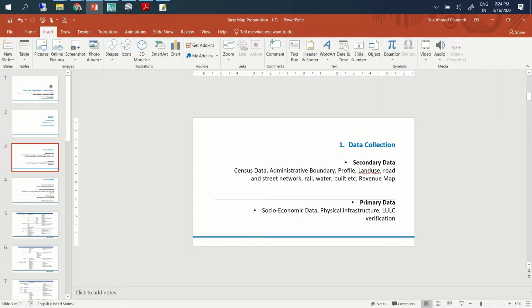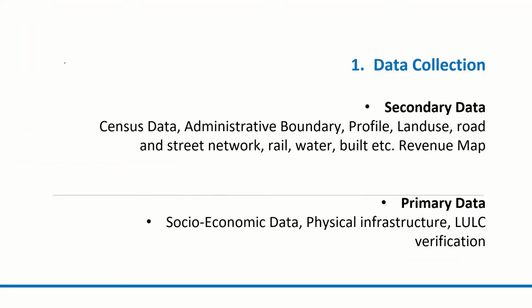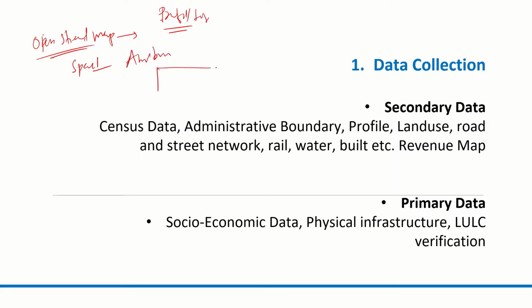What we need to do is first go to OpenStreetMap. First, you need to create a profile and login for OSM. Specify the location, let's say in your case it is Ambur, and define the area.